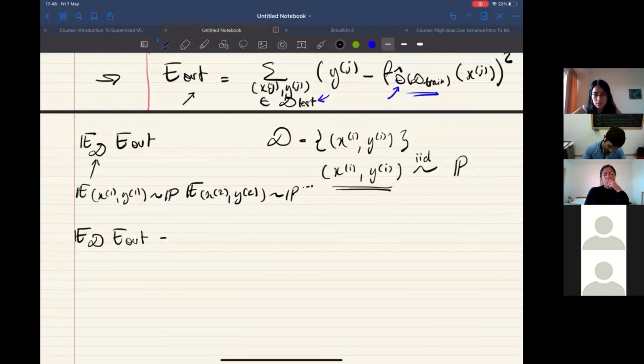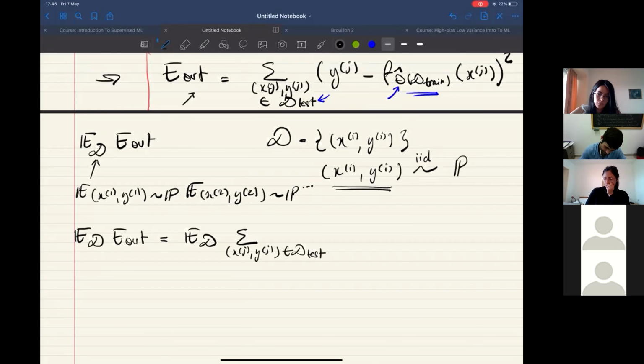Let me concretely write what it means. And this is our model that we learned, which is a function of the training data, because we learned on the training data.